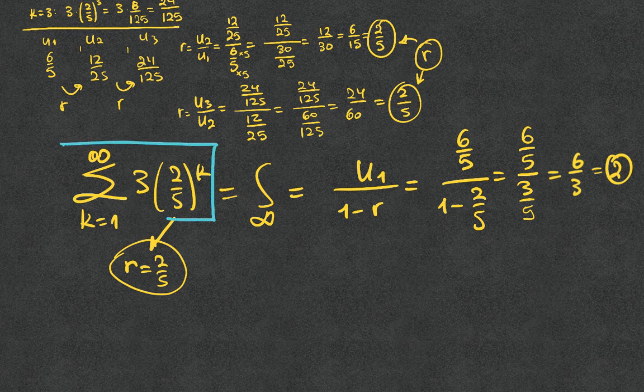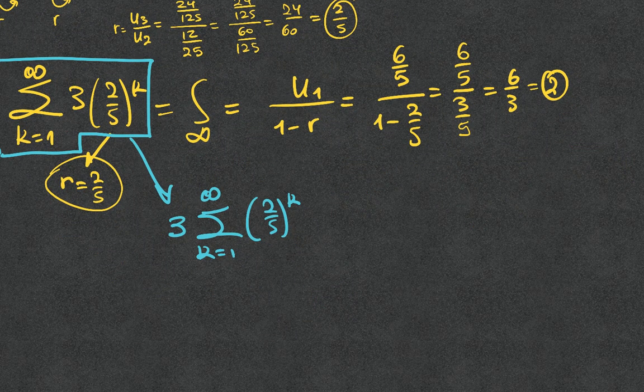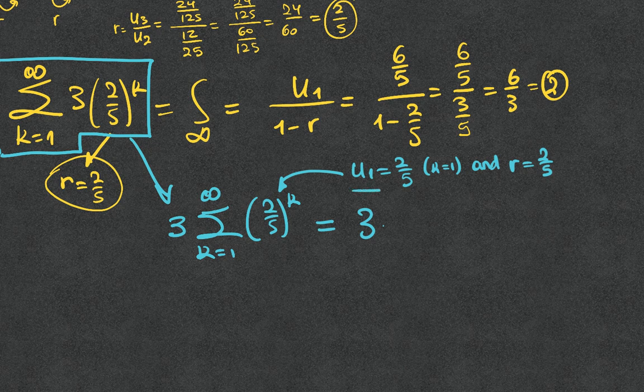The same question, based on properties of series, can be written as the sigma with the 3 outside, because it's a common factor, from 1 to infinity of 2/5 to the power of k, which is the same as 3 times, and then this has an exponential form, so it's always going to be a geometric sequence, with the first term being 2/5. You get it if you substitute k is equal to 1, and the ratio, which is 2/5, because it's more than obvious now what the ratio is going to be.